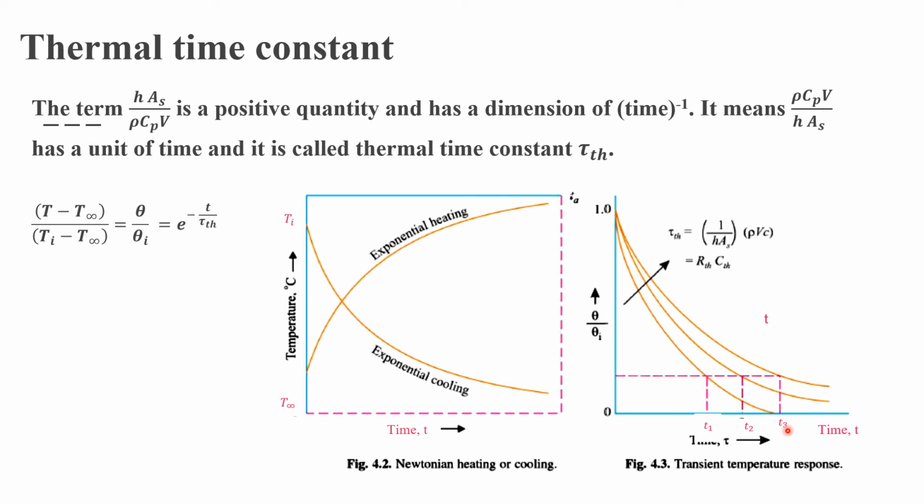Therefore, if the thermal time constant is higher, the time taken to reach a particular point is also higher. This concept is used in the design of a thermocouple or thermometer to find the response time. A thermocouple or thermometer should give the response time as early as possible. It should record the temperature as early as possible. Therefore, this graph is explained.